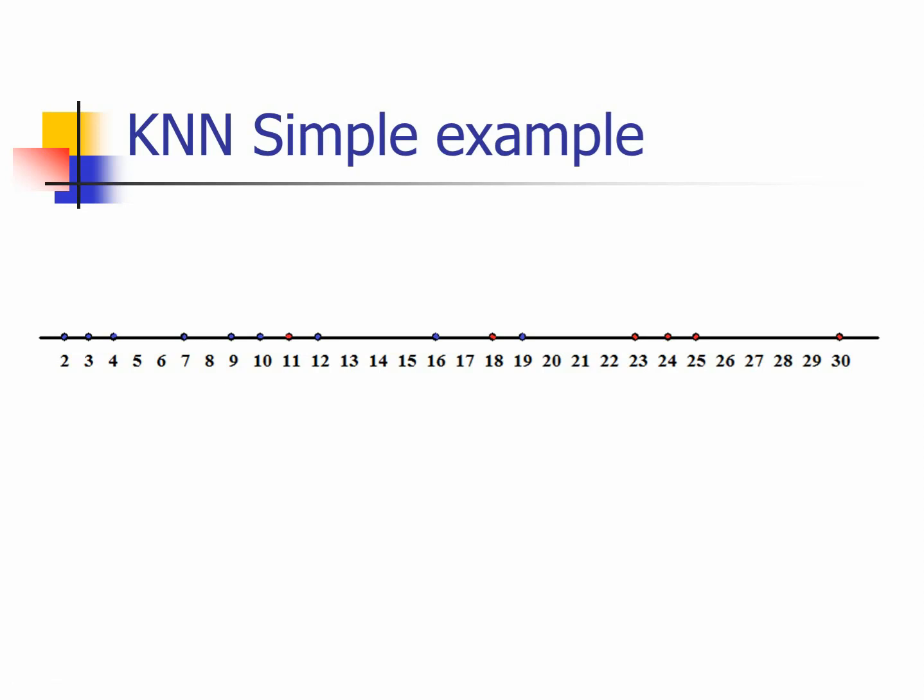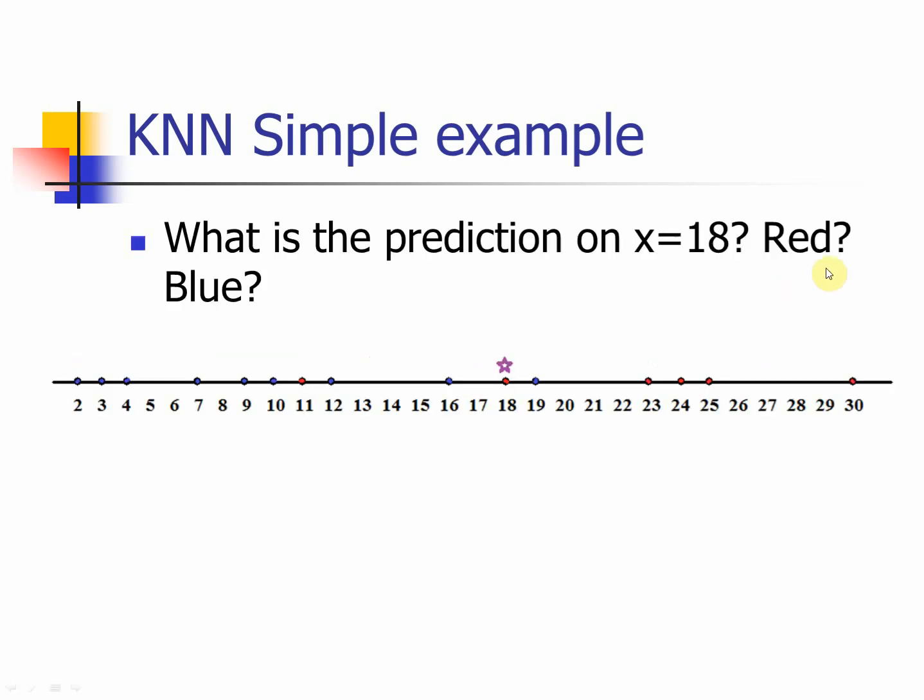So no model is being built. It will wait only until a testing data set comes in. Say a testing data point comes in: an 18-year-old, and we want to predict whether this person is red, indicating he has a cell phone, or does not have a cell phone.